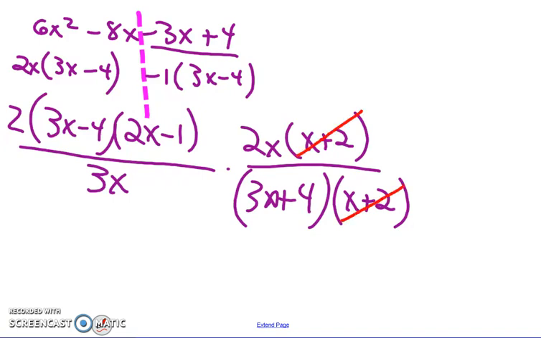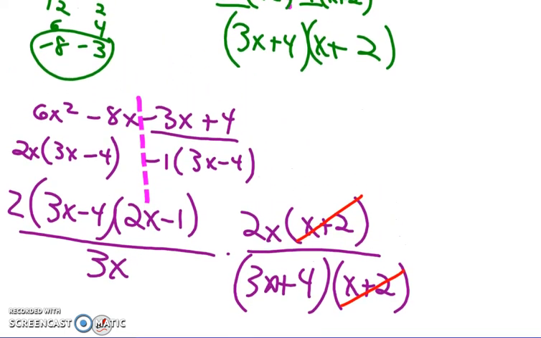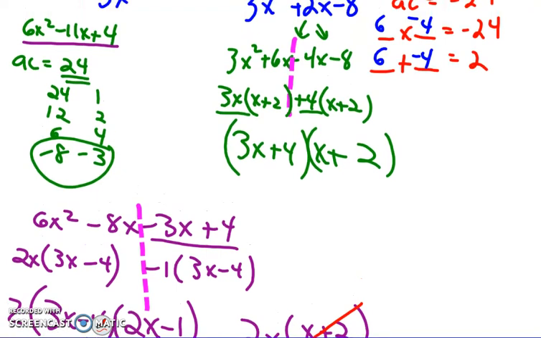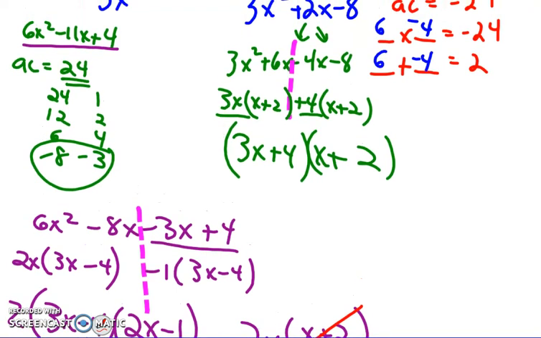Those are gone. Was that 3x plus 4 or 3x minus 4? That's 3x plus 4. No, 3x minus 4. Another typo. Right here, what do I factor out of those two guys to get a 3x or an x plus 2 in the parentheses? I got to factor a negative out of there, right? Which is usually what we always do.